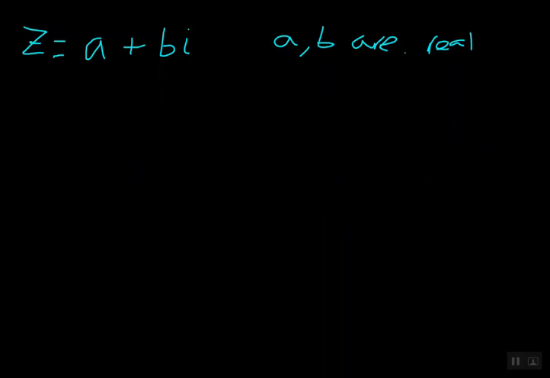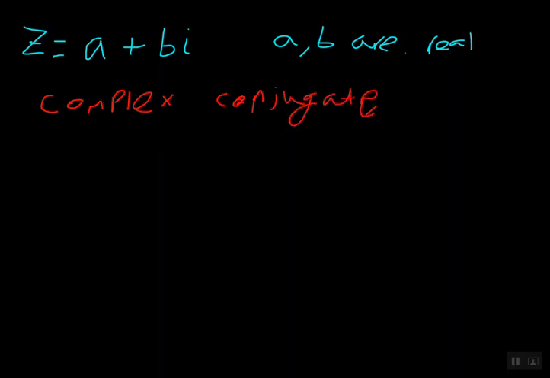All right. So now I want to define what is called the complex conjugate. The complex conjugate of a complex number z is written as z star.